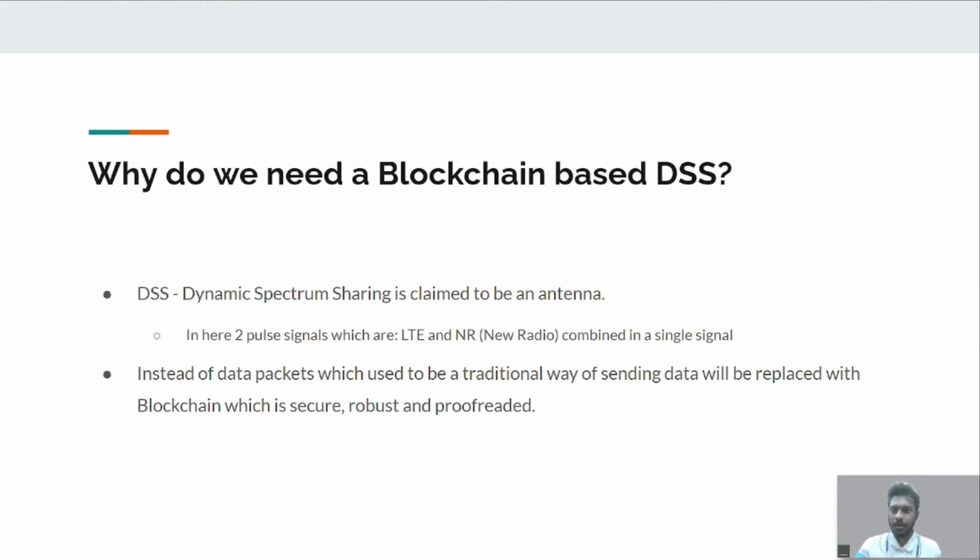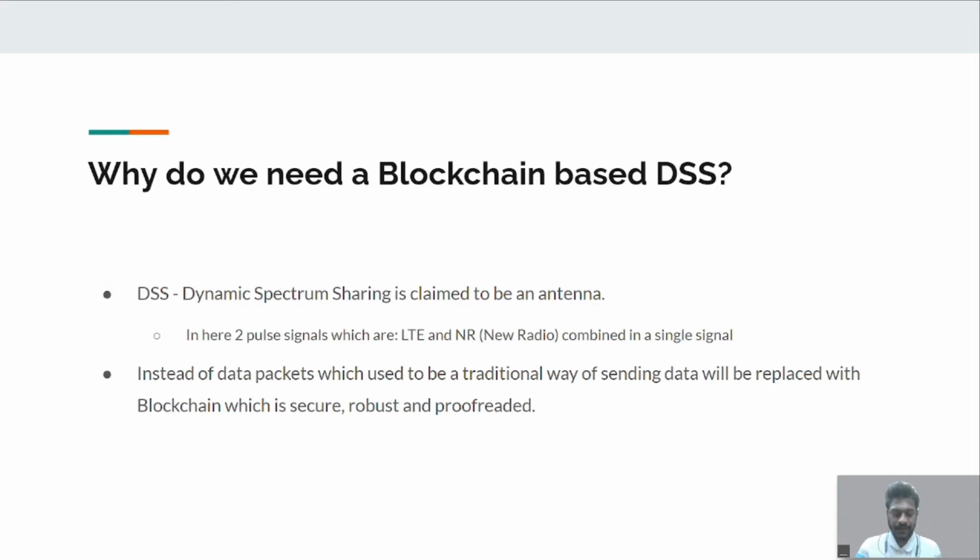DSS is a technology, or an antenna, as they claim in research papers, and this signal is capable of including both the wave pulses of LTE and NR, where NR is the new radio.